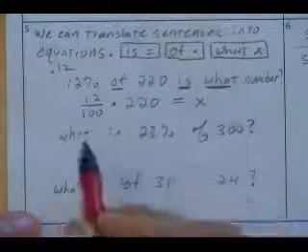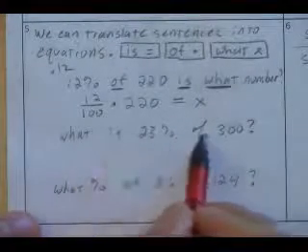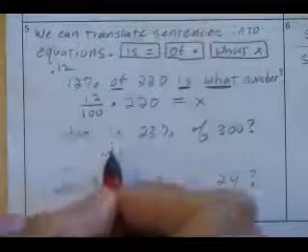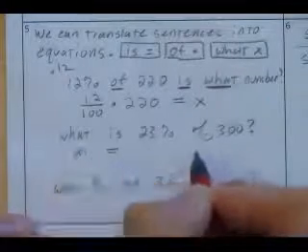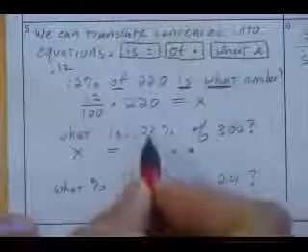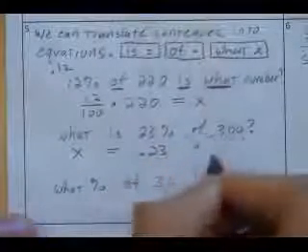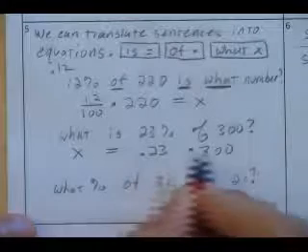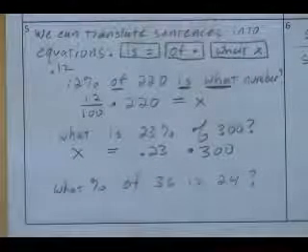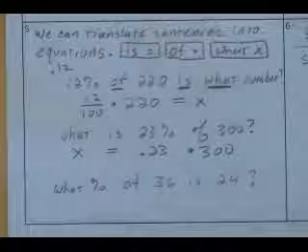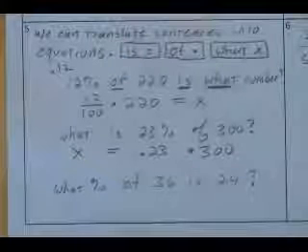Here's another one. What is 23% of 300? The 'of' is multiplication. 23% is 23 per 100 of 300, so 0.23 times 300. Now this one is saying, what percent of 36 is 24?